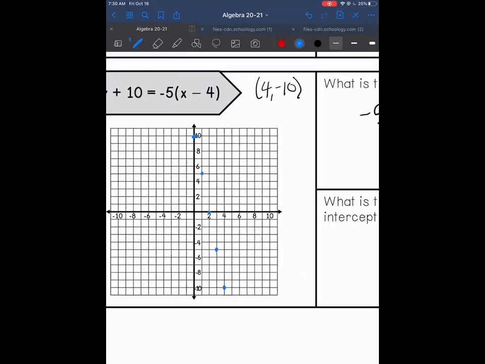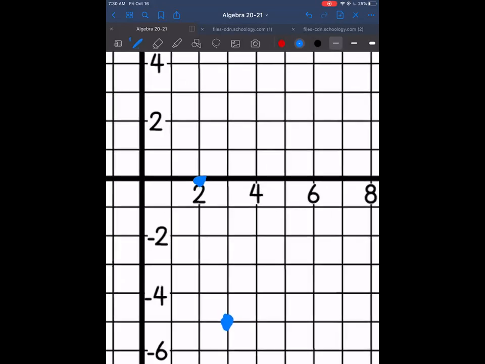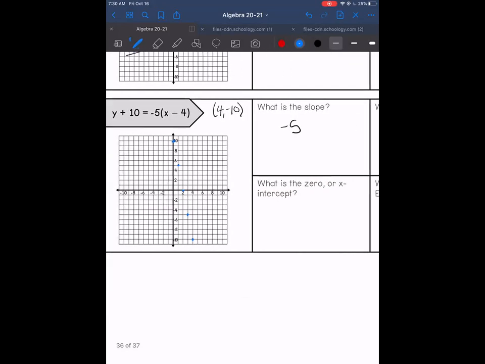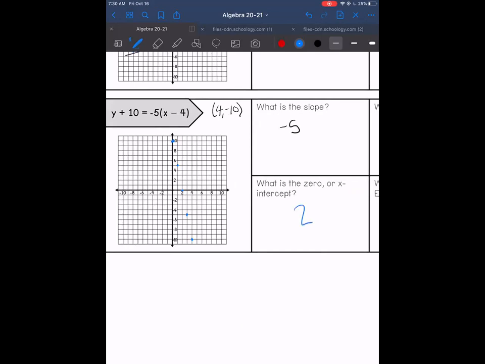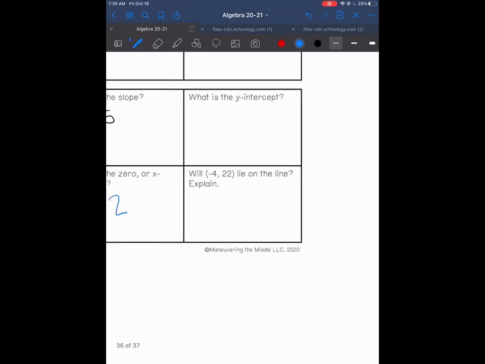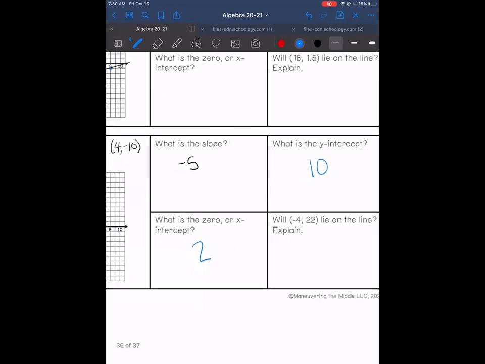So my x-intercept, where it crosses the x-axis, is 2. And my y-intercept, where it crosses the y-axis, is 10. If you want to write that as an ordered pair, that'd be 2, 0.